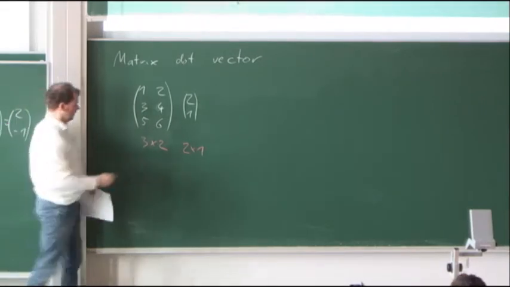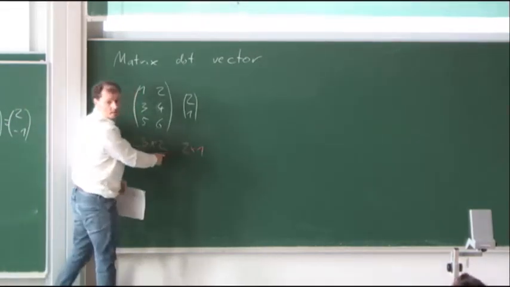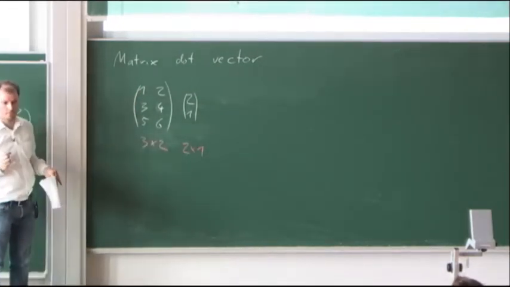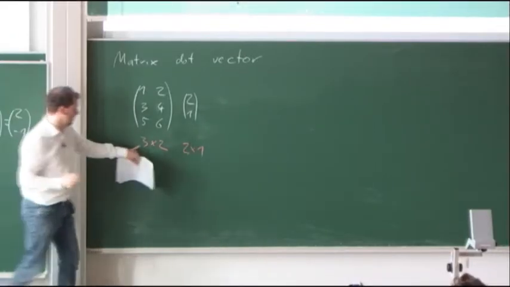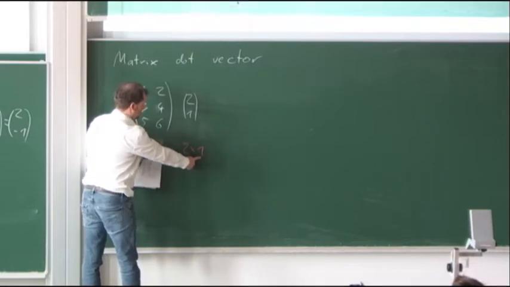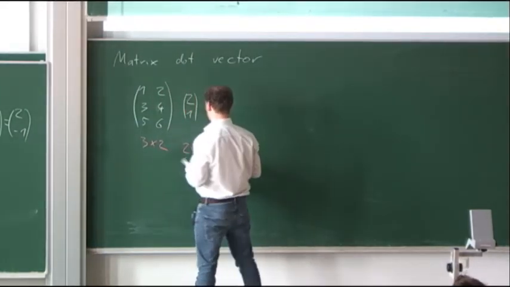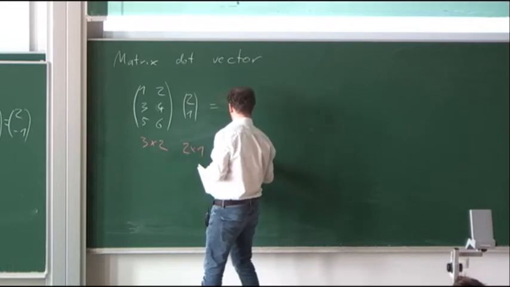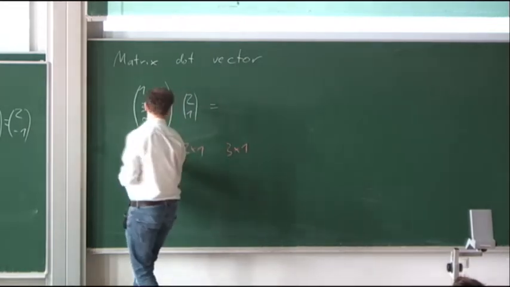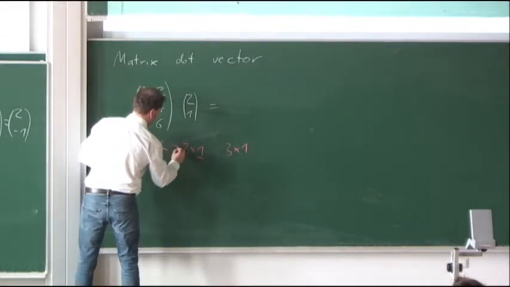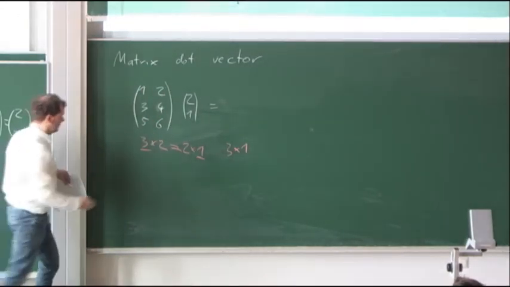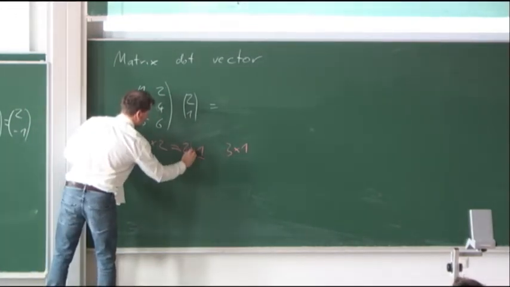Yeah, because this is the same as this. And the result, what will be the shape of the result? It will be this by this, right? I don't know what it is, but I'm sure that it will be 3 by 1. So it will be this by this, and these are the same.